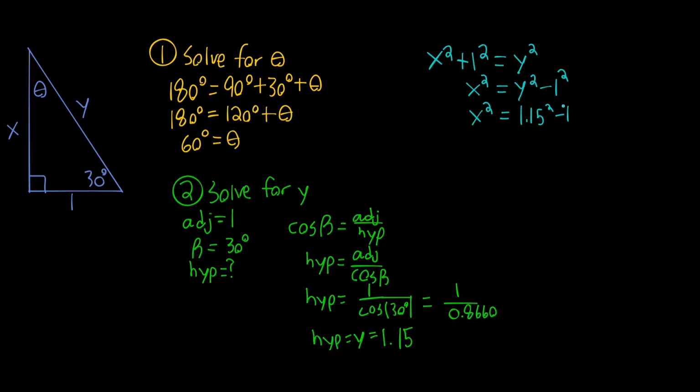Well, 1.15 squared is going to give me about 1.33. So 1.33 minus 1. So x squared is going to be equal to 0.33. Now, at this point, I want to take the square root of both sides. And that's going to give me that my x value is going to be equal to about 0.57.